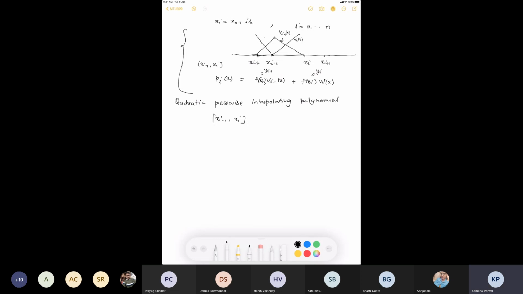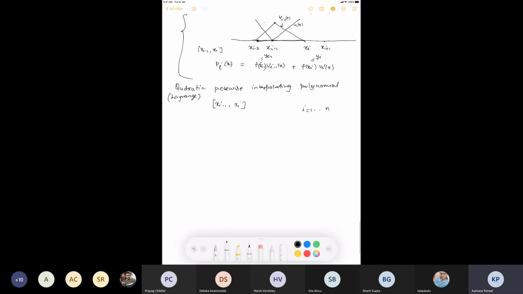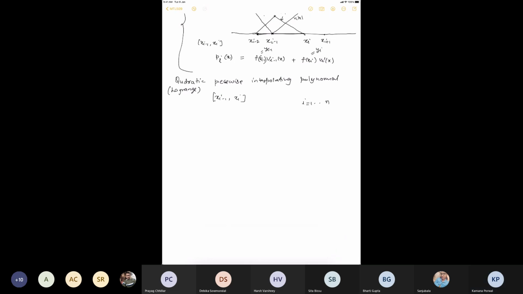Okay, and this I'm going to discuss in the Lagrange form. So we have the subintervals x_{i-1} to x_i, and i is varying from 1 up to n. If I want to design a quadratic interpolating polynomial, how many nodes do I need?